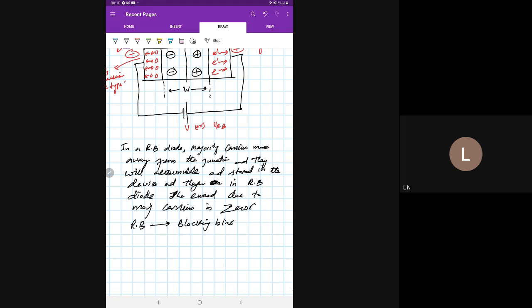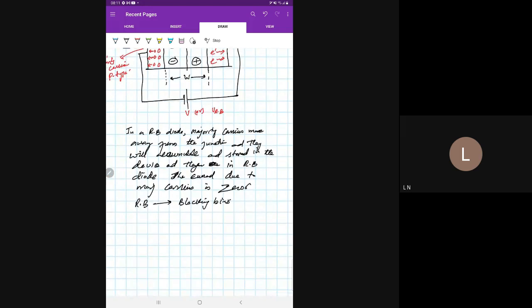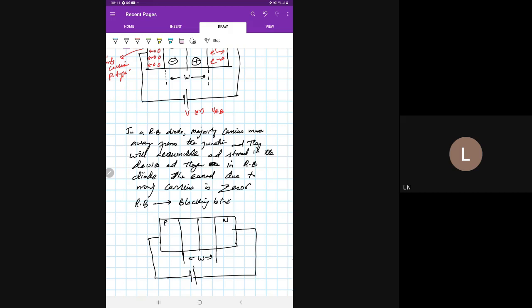In other words, the holes from N side and electrons from P side will cross the junction. Okay. So if we have a PN junction now, I'll draw it again. This is PN junction and this is width of depletion region. This is P-type semiconductor, N-type semiconductor. And we are applying a reverse bias, a higher potential on N side and a lower potential on P side. Now on N side, a hole is a minority carrier.